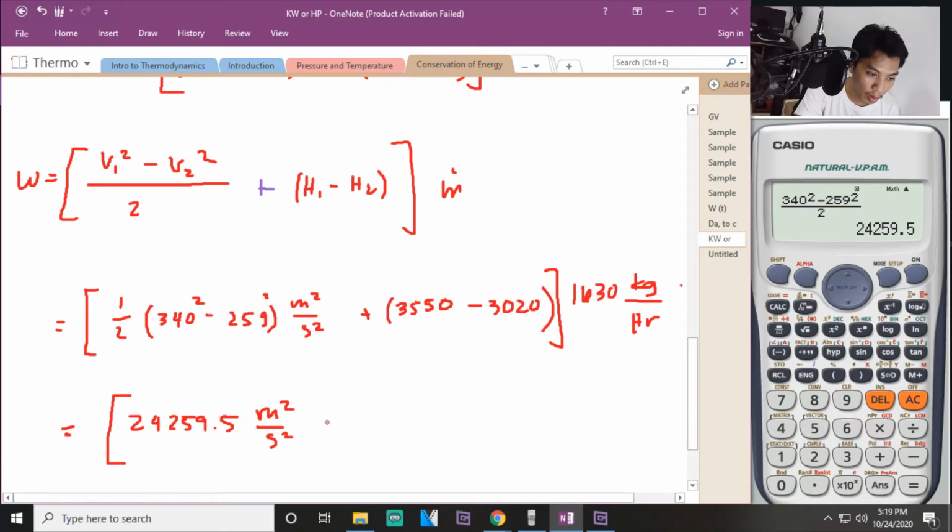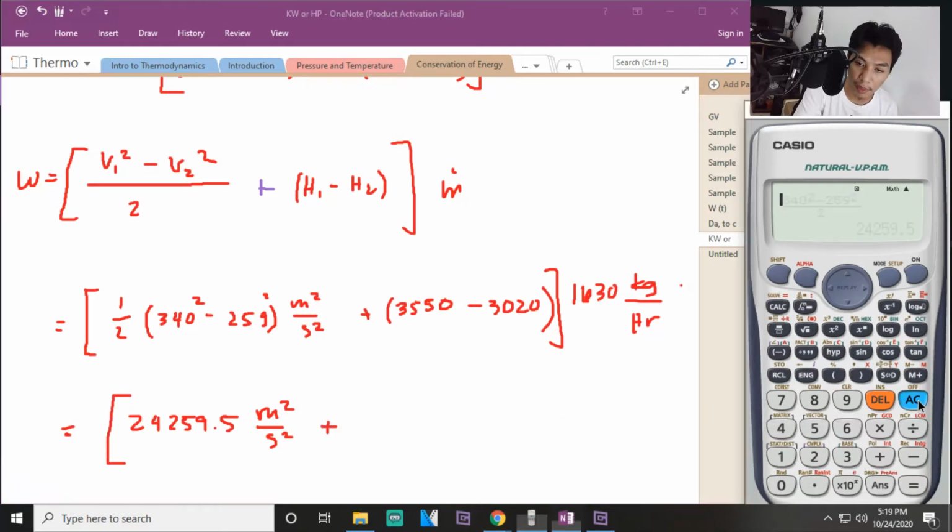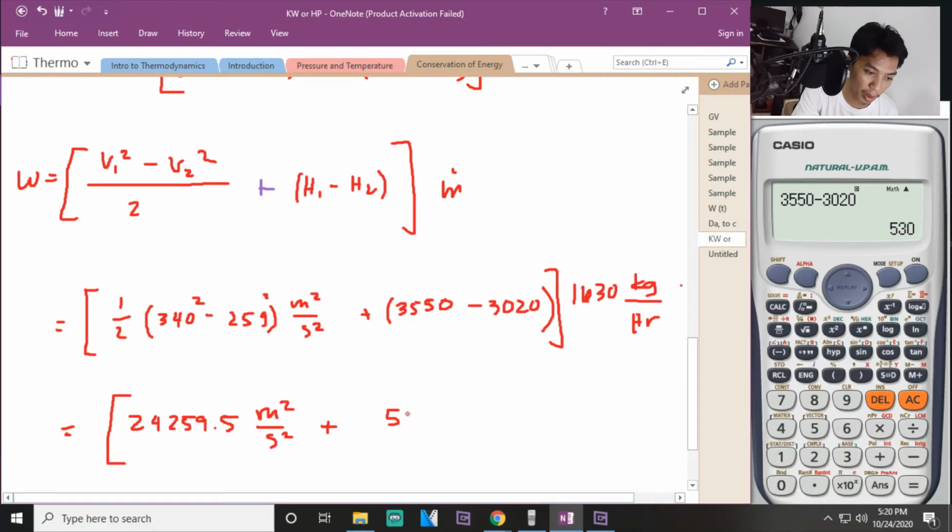Yan. Plus 3550 minus 3020. Yan. 530. Ang unit nito is kilojoule per kilogram.